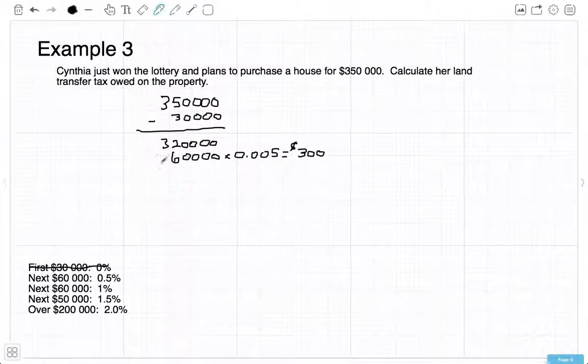I've taxed another $60,000 worth of their house, so I can get rid of that line, and I can subtract $60,000 from the value to find out the remainder that needs to be taxed. So I am now at $260,000.